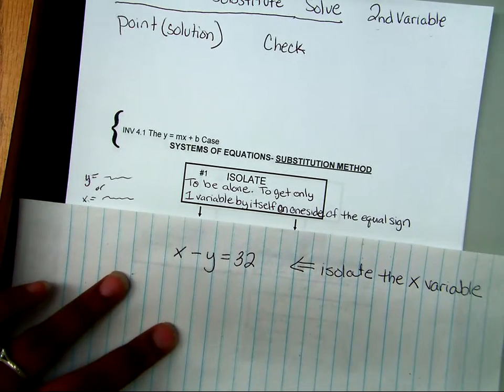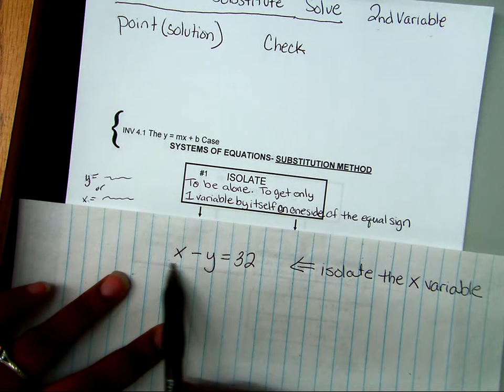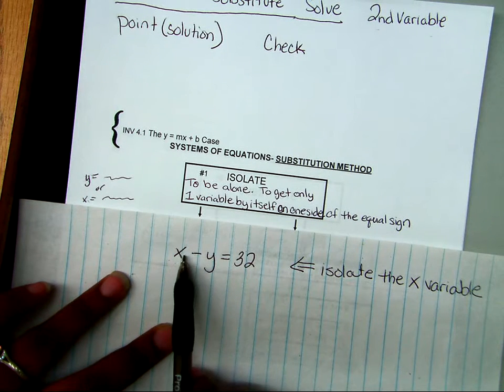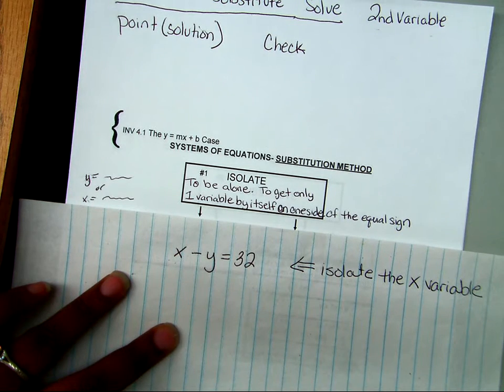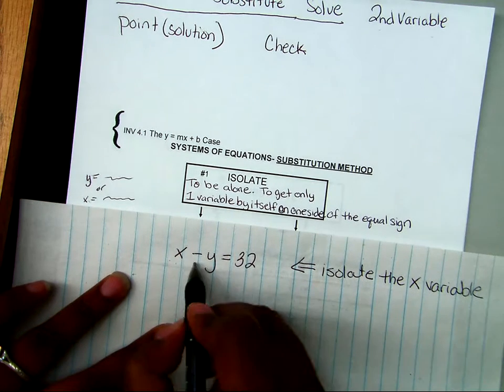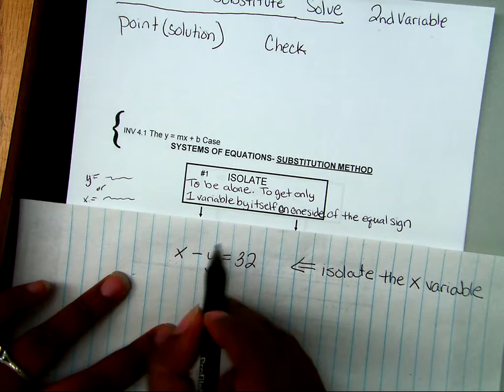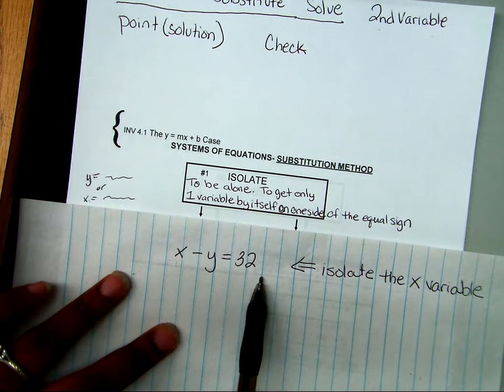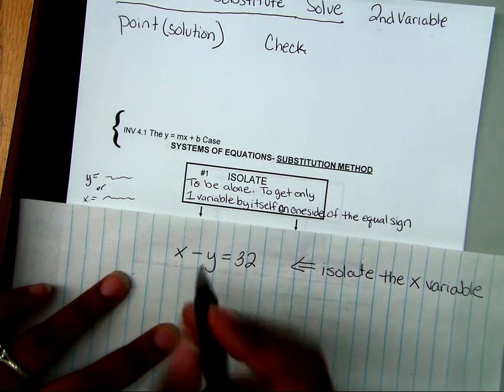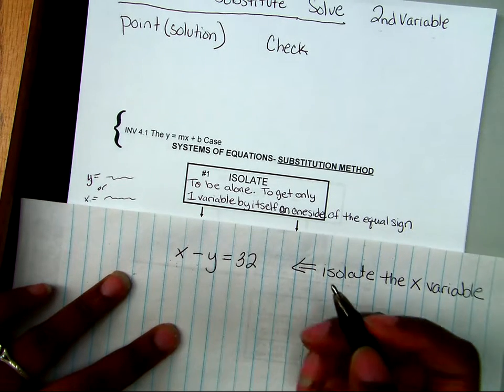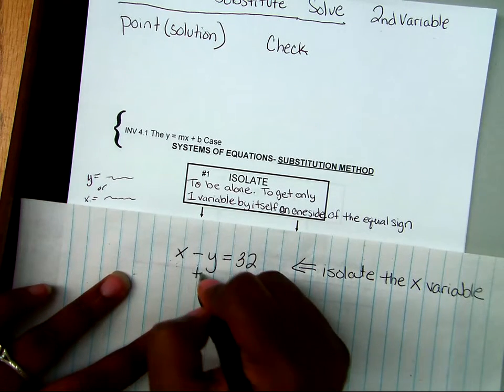Alright, so if I want to isolate the x variable, that means I want the x variable to be all by itself, and then the equal sign should be right next to it. So that means in this case, I need to move this out the way. I don't want to move x over here with 32 because then it's not alone, and then I still have to do another step. So I have to do the opposite when I do the rewind step of solving equations.